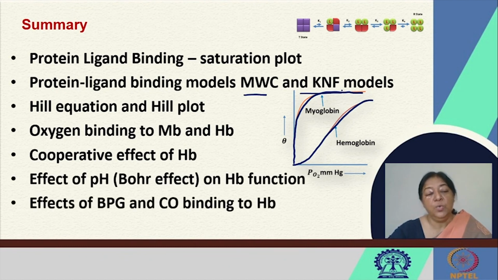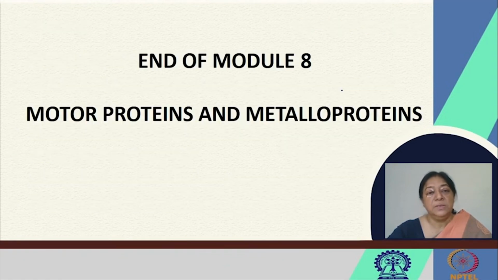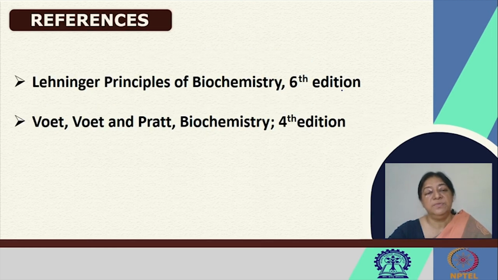In addition, we had a look at the effects of BPG and CO binding to hemoglobin and how this is monitored. This is the end of Module 8, where we spoke about motor proteins and metalloproteins, and this special lecture for myoglobin and hemoglobin. These are the references.